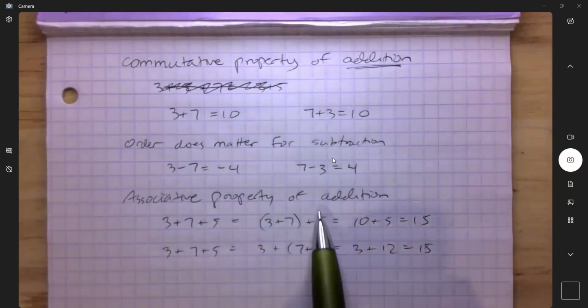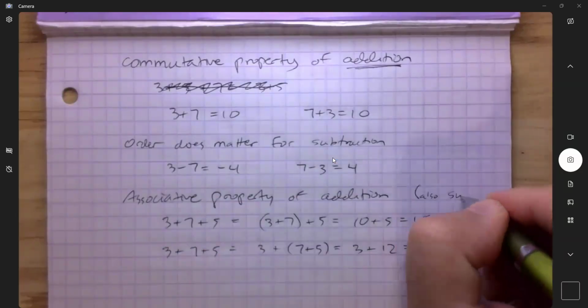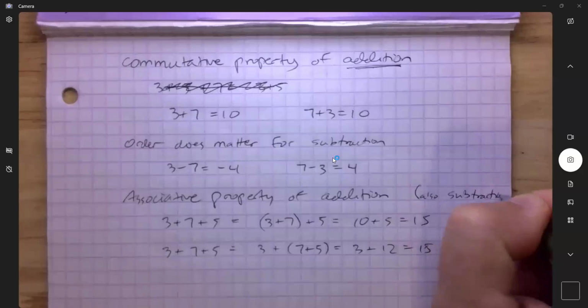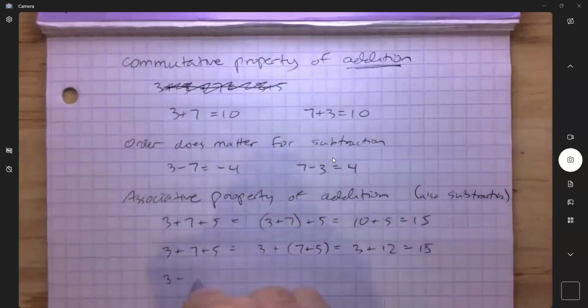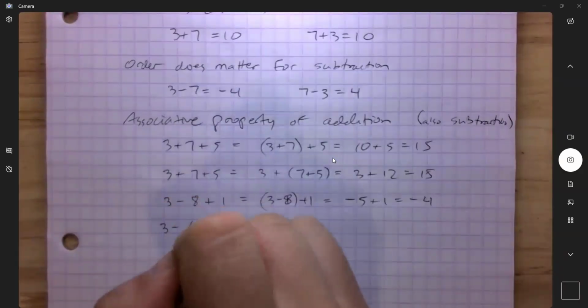And the associative property works also for subtraction. If I have 3 minus 8 plus 1, I could look at that as 3 minus 8 first plus 1, which is -5 plus 1, which is -4. Or I could say it's 3 minus the quantity.